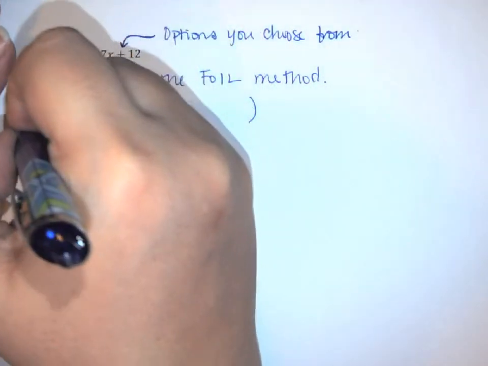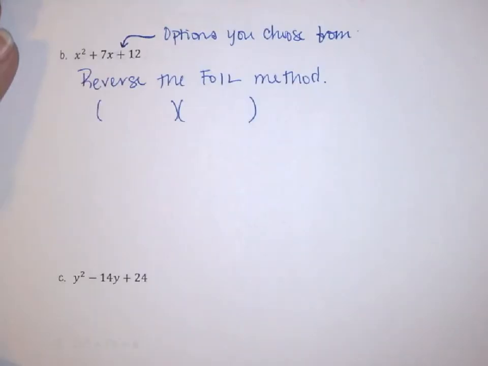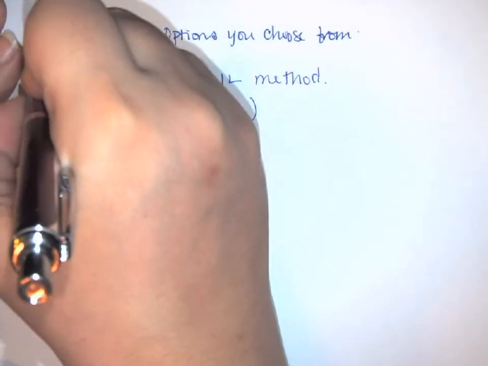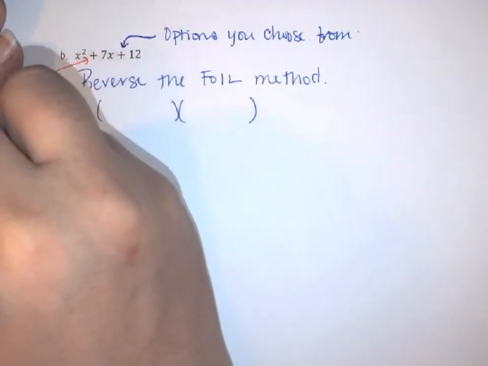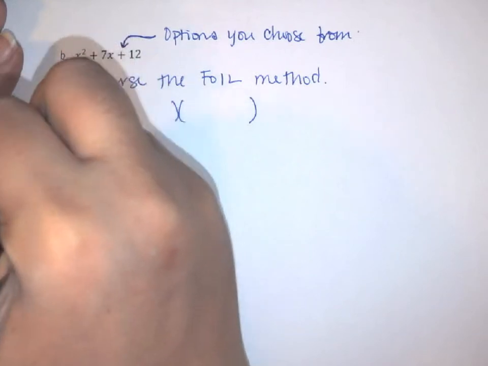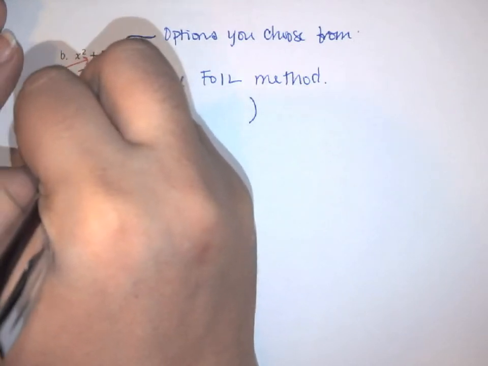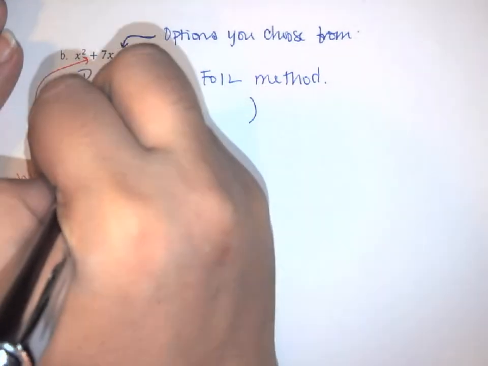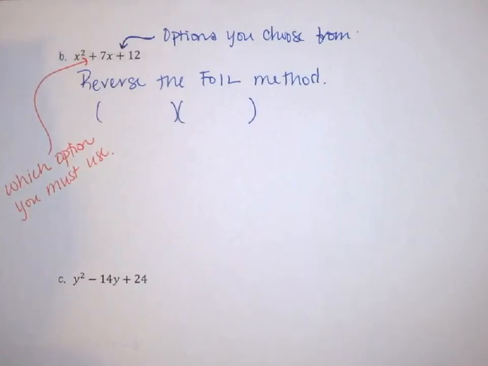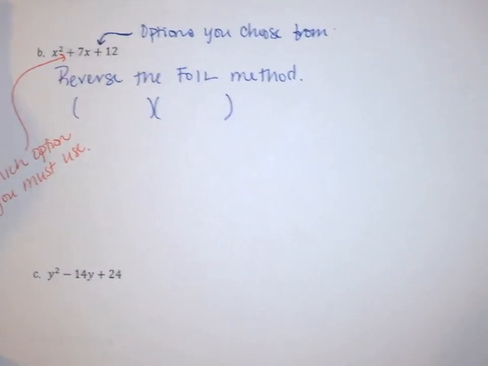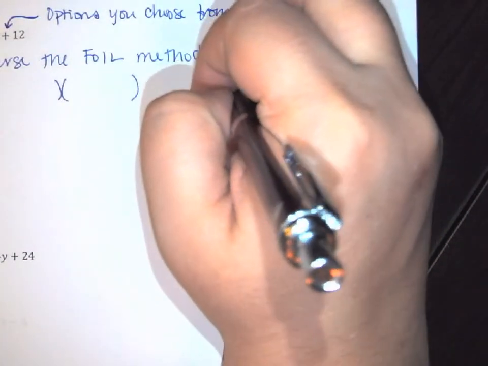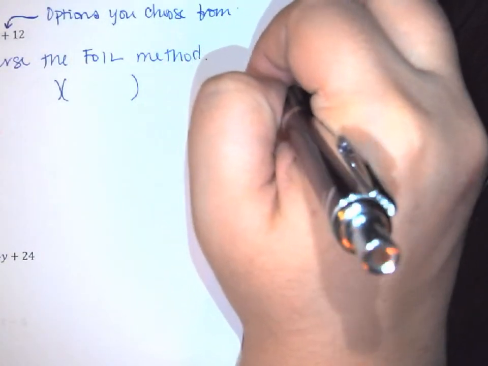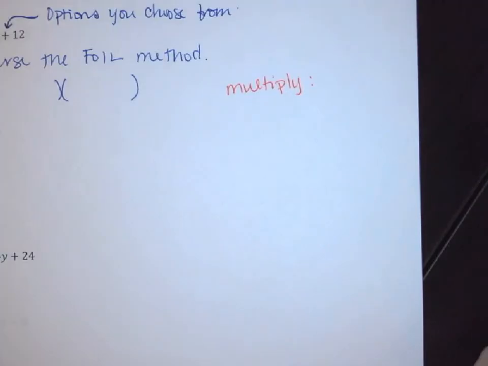And then the front sign, this sign right here, tells you which option you must use. So what am I talking about in terms of options? Well, there's a few things that we need to know. First of all, when you are multiplying, there's a couple rules to follow.